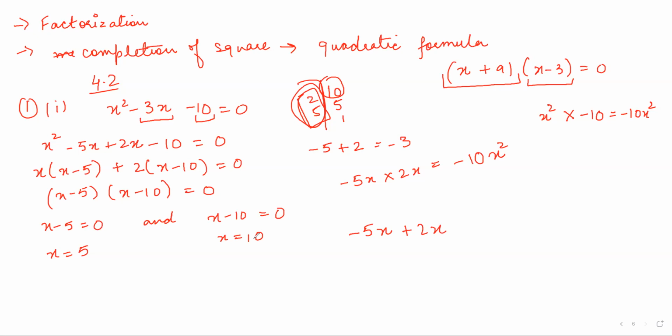Yes, Harsha, any confusion in any of the parts you want me to solve? No, ma'am. Fine. So question number 1, you can complete. So shall we do question number 2 now? Yes, ma'am. Okay.